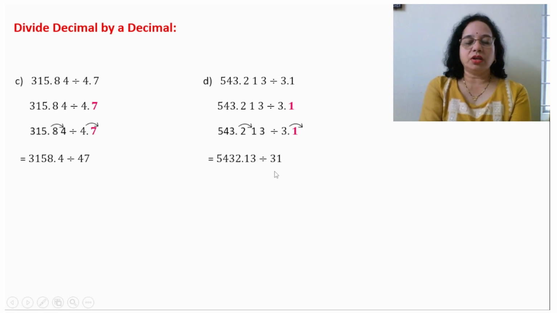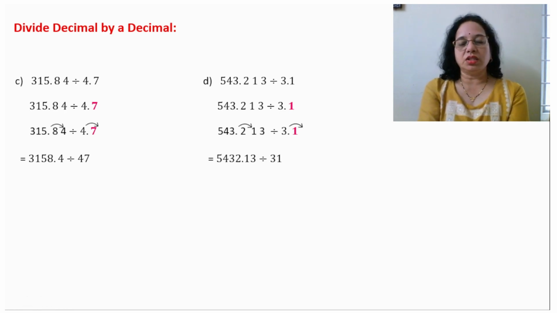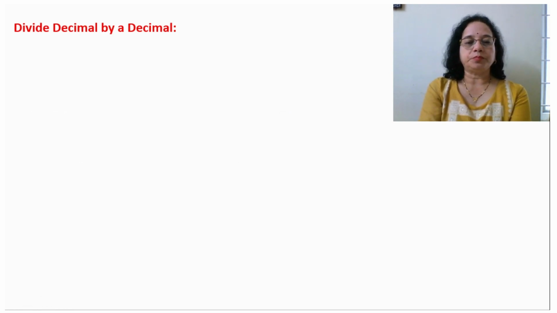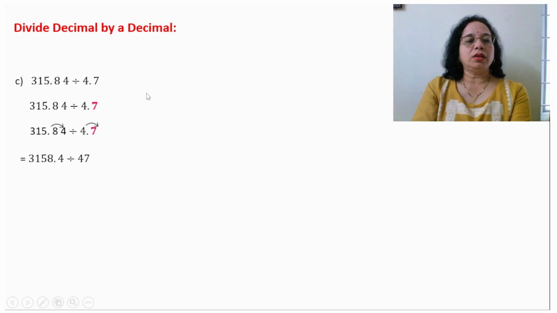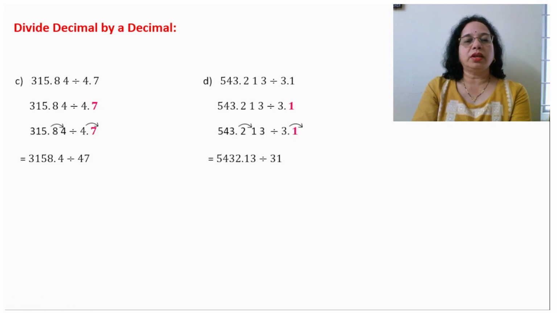Again division everybody knows. So complete this. This is your part. Divide decimal by a decimal. Again the same thing. You know that how to do that.